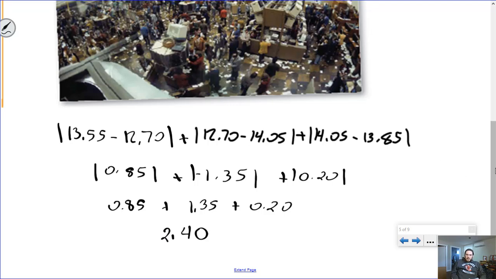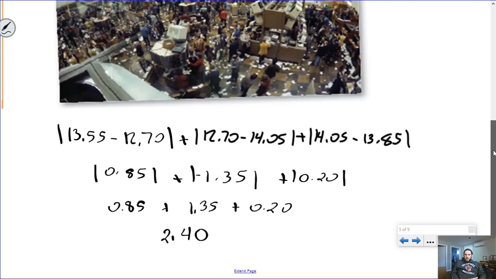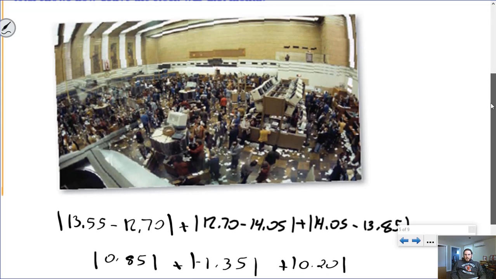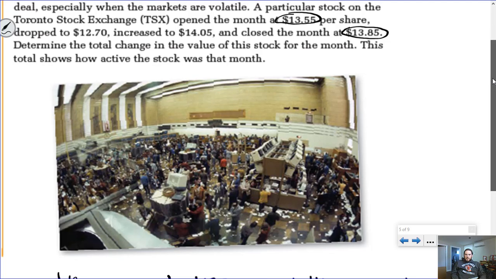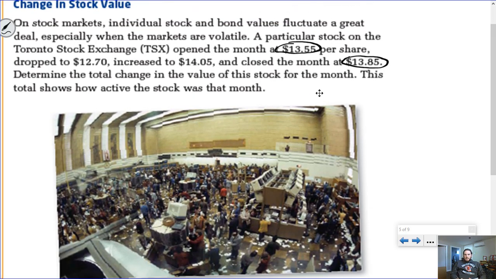Now, I can't speak to the volatility of a stock because I'm not that familiar with it, but I would imagine a stock that changes that frequently would be considered fairly volatile. So we'd have to be careful if we're investing in a stock like this because it can very much be dependent on the way the world is going.